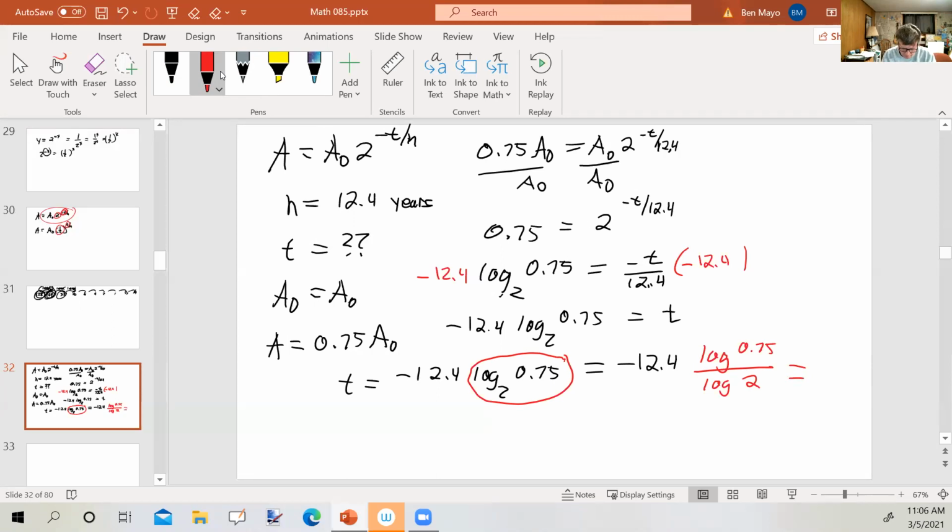Negative 12.4, I used the second function key, 0.75, close it up, divided by the log of 2, close it up, and I get 5.146464991, etc. Let's take it to the nearest tenth. So it's going to be about 5.1 years.